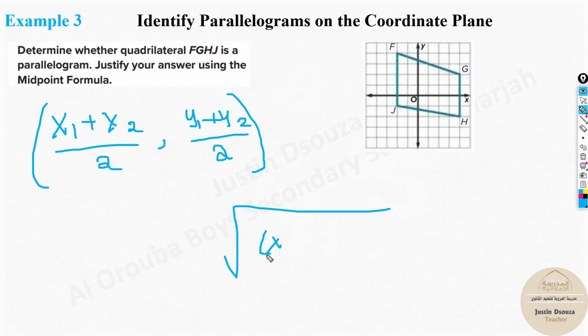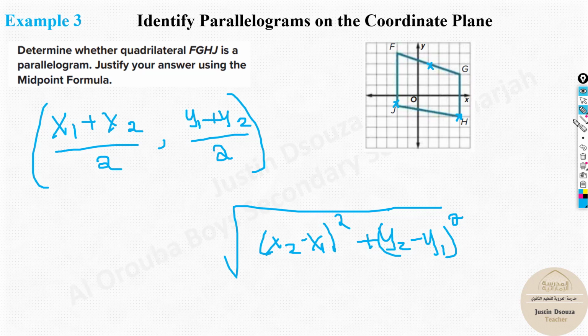That is this one: x2 minus x1 the whole square plus y2 minus y1 the whole square. If you want to find the distance between these 2 points, use this formula. But if you want to find the midpoint of this line, then you need to use the other formula.